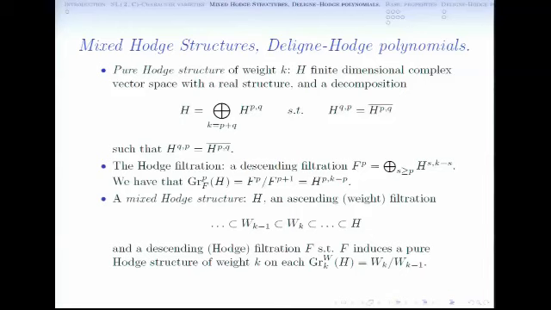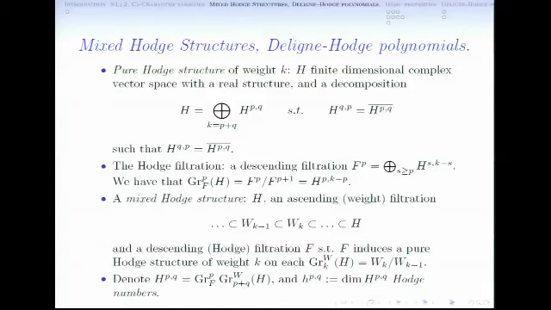Sorry, of the ascending filtration. So we denote the Hodge numbers as h^{p,q}, which are the dimensions of these graded pieces.